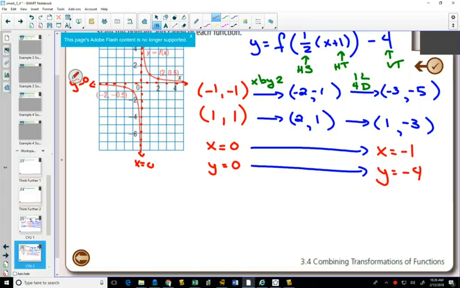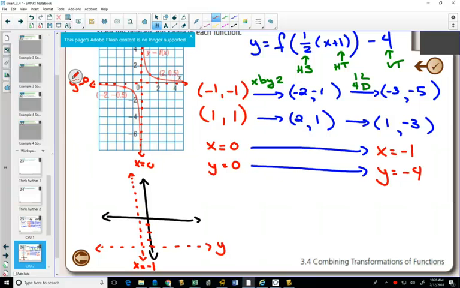Just so things don't get too busy on our original graph, let's sketch our new graph on a separate grid. So let's draw our axes. With any graph with asymptotes, I find it's easiest to draw your asymptotes first. So we have our vertical asymptote, x equals -1. If you have a red pen, use it for your asymptotes. We have our horizontal asymptote at y equals -4.